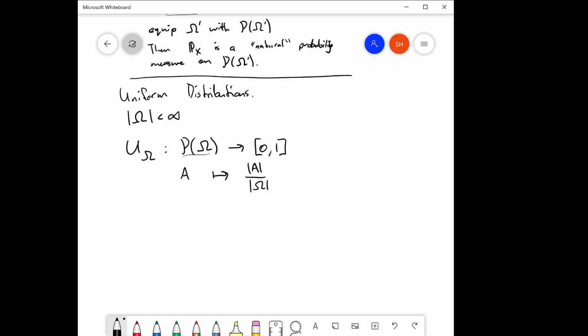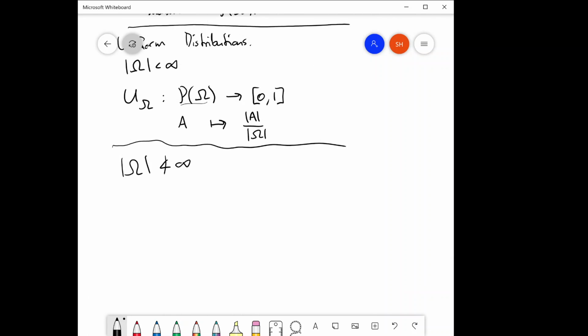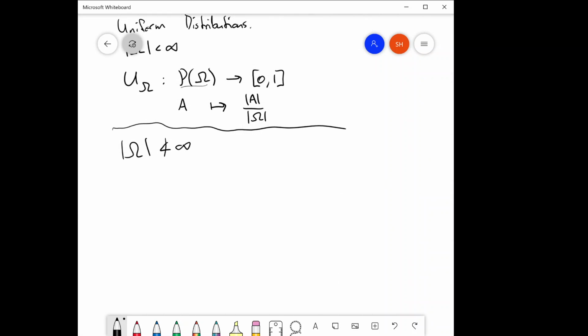Now, if omega isn't finite, then this obviously doesn't work. But as I mentioned previously, we do have the Lebesgue measure on R, and the Lebesgue measure is translation invariant, and that's sort of like uniform, because there's some large group of symmetries that the measure is invariant under.